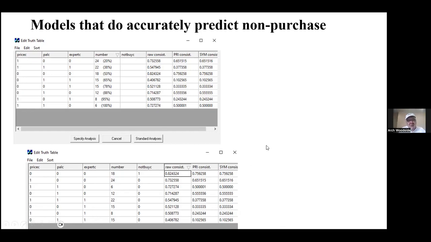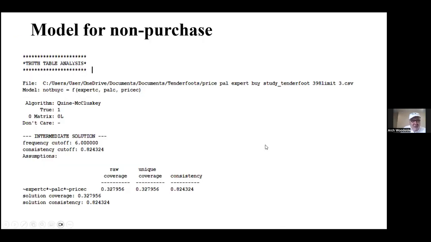All right, so let's take a look at non-buying. Do we have any model that works among the possible combinations of these three conditions: expert, PAL, and price, for non-buying, for non-purchase? And we do. We have one model that comes out from the data analysis, and this is a combination of low expertise, low PAL, and low price.